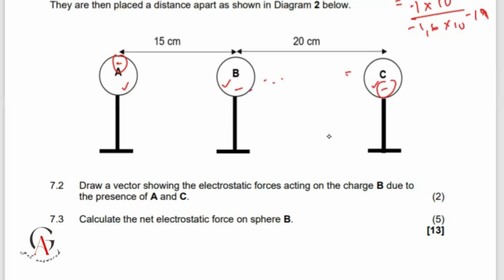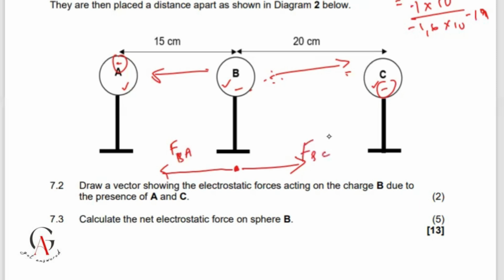So the forces will be in that direction, that direction. Then the same thing happens here, repulsion and then repulsion. So our vector diagram is going to be this, then that, the force on B as a result of A, the force on B as a result of C. So this will be our vector diagram.